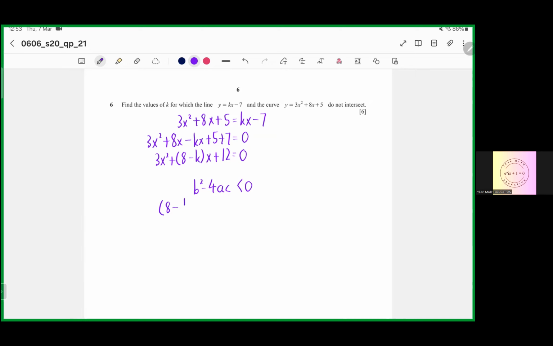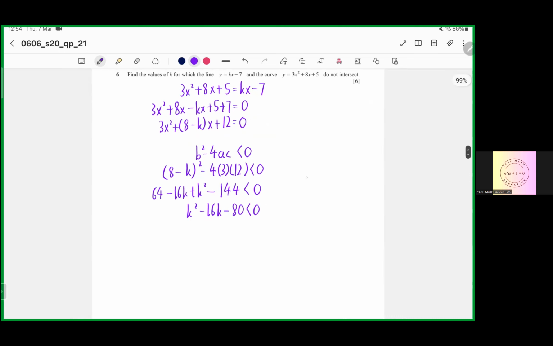So (8 minus k) squared minus 4 times 3 times 12 less than 0. So we get 64 minus 16k plus k squared minus 144 less than 0. So we get k squared minus 16k minus 80.